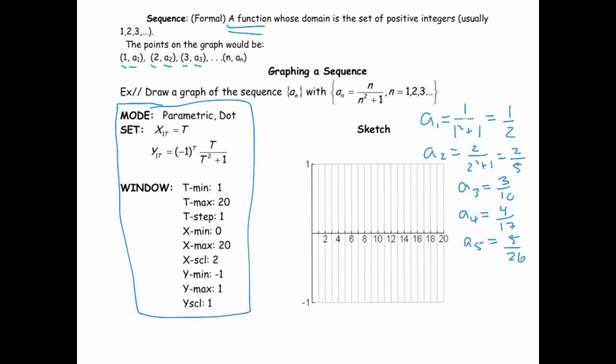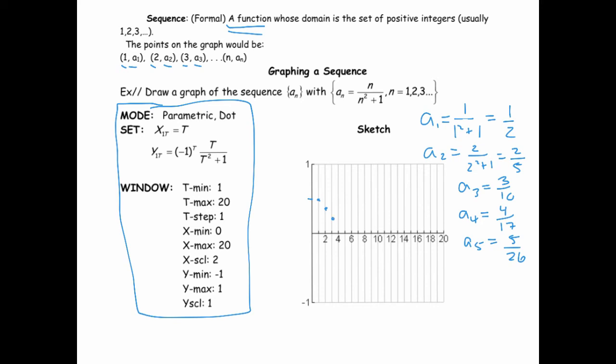So let's graph these points. I'm going to graph (1, 1/2). I'm going to graph (2, 2/5), which is about 0.4, so it gives you a sense of where to locate it. I'm going to graph (3, 3/10).